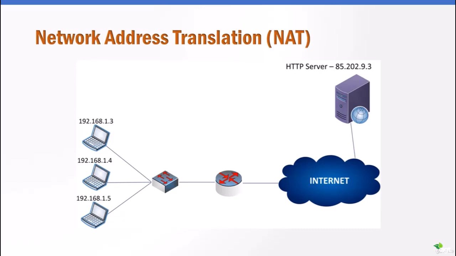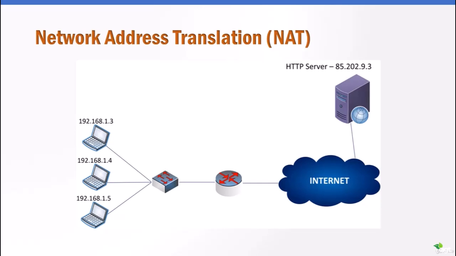So we have to translate our private IP addresses. The reason why we need to do this is because there are not enough public IP addresses out there for all of us to have one public IP address per device or per person. So we have to use private IP addresses in order to save public IP addresses. And then we use public IP addresses.